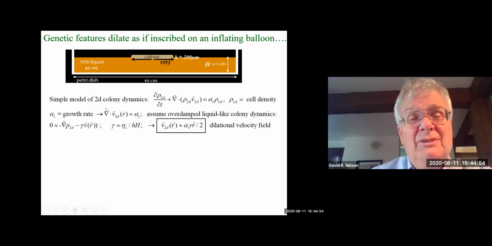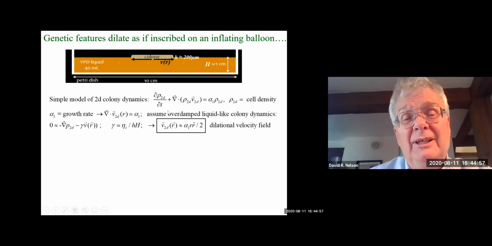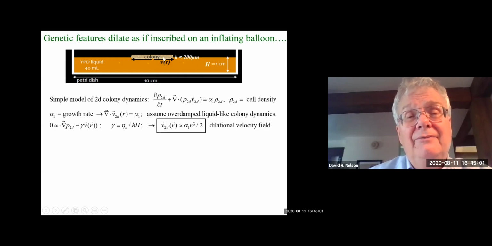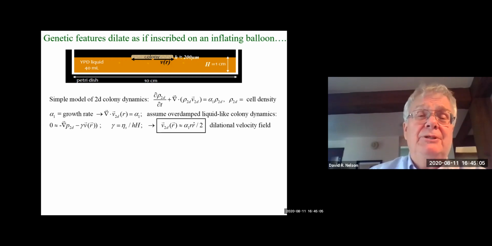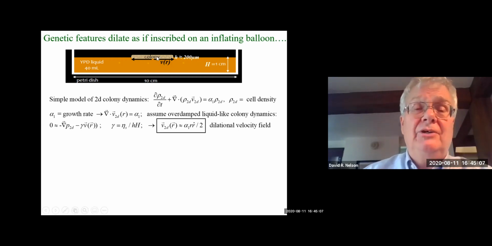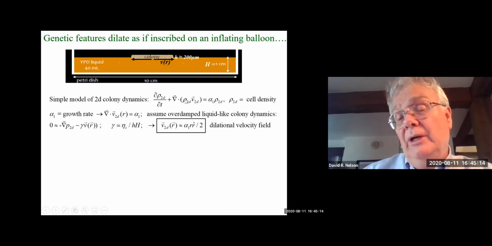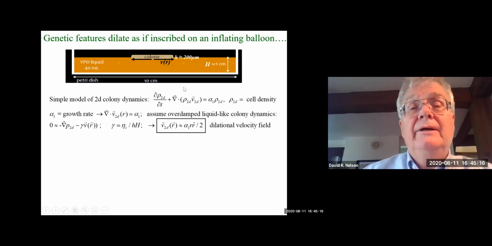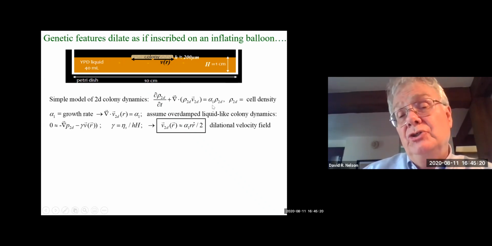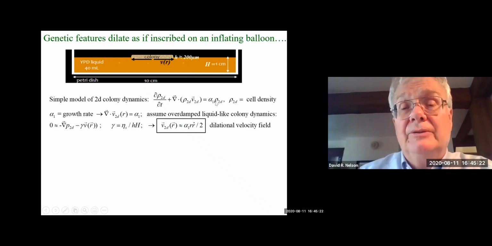And then the simple model is basically looking at the 2D density of the two genetically labeled organisms. They are neutral in this particular class of experiments, but they could have some antagonism or something else going on. But in any event, their density obeys the equation of continuity in terms of this 2D velocity field, but there's an additional source term because there's cell division.